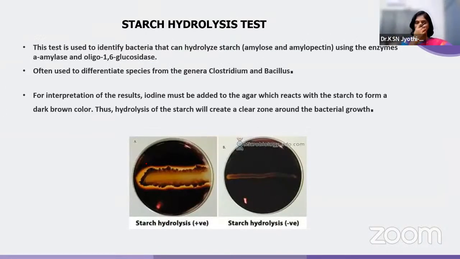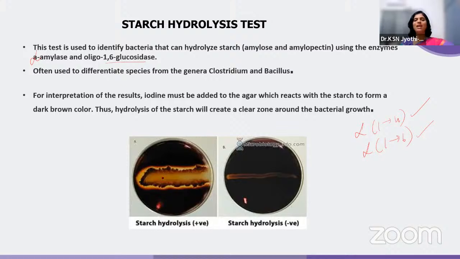Similarly, starch hydrolysis is done. This is where you will see that certain bacteria can hydrolyze starch because they have enzymes like alpha amylases and glucosidases. You all know that starch is a polymer. It has both alpha 1,4 linked glucose residues, and also alpha 1,6 branch points. Certain bacteria which can utilize starch completely are able to utilize both the alpha 1,4 linked amylose and alpha 1,6 linked amylopectin, and then they will be able to grow.